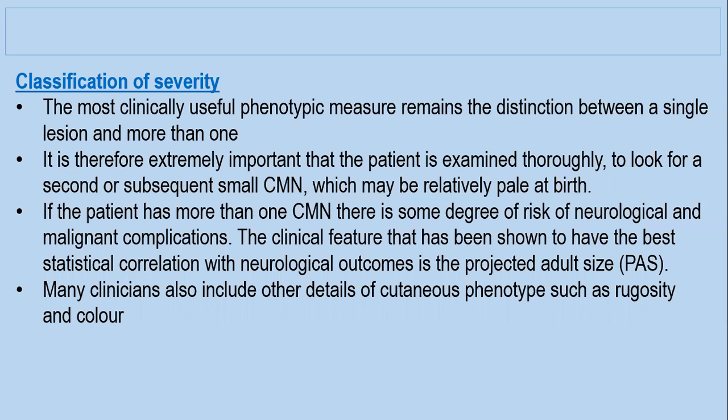If the patient has more than one CMN, then some degree of risk of neurological and malignant complications exists. The clinical feature shown to have the best statistical correlation with neurological outcome is the projected adult size of that nevus. Many clinicians also include other details of cutaneous phenotype, such as rugosity and the color of the lesion. The more rugose and more black.